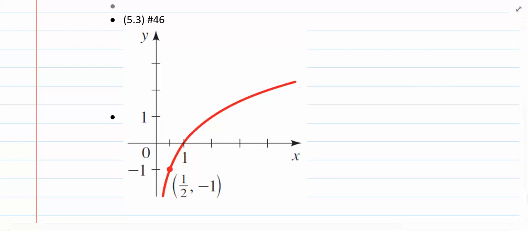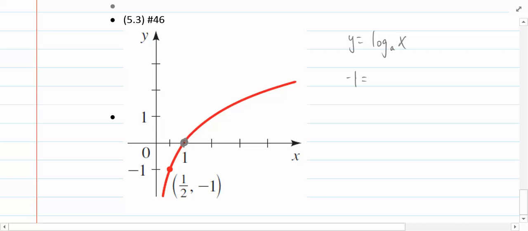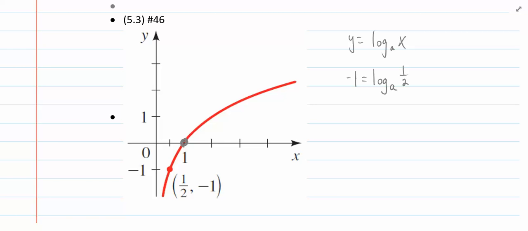Let's try another one. This is perhaps a little bit more difficult. We again have a standard logarithm, and I know it's a standard logarithm because it's going through the point 1, 0. This time around, our y value is -1. Our x value is 1/2. So logarithm base a of 1/2 must be equal to -1.